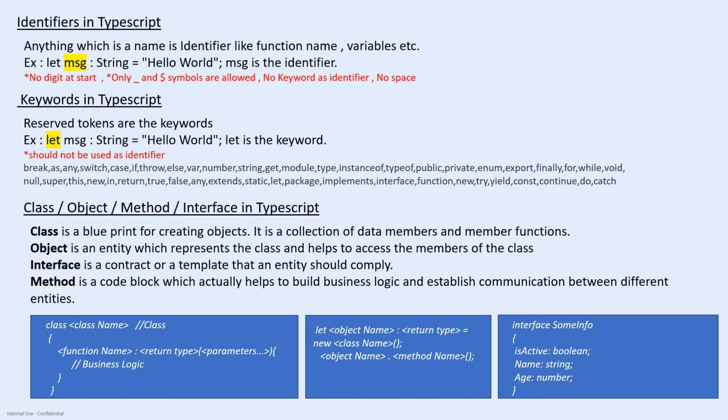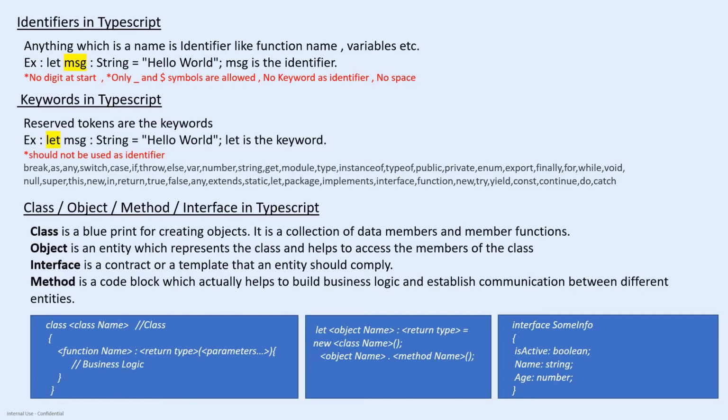So these keywords we cannot use. Different languages have different numbers of keywords. Here you have let, var, switch, if, this, class itself, and interface. These are all keywords.